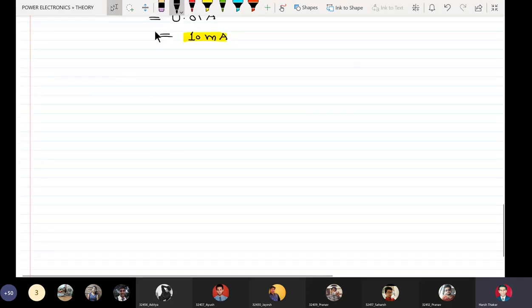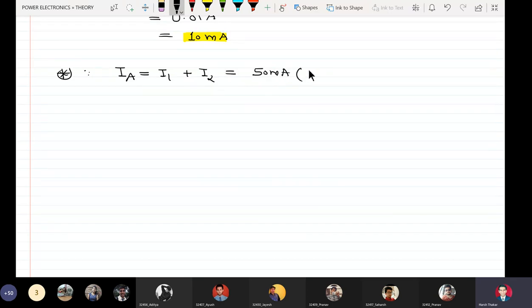So that is why we write down here, since IA is equal to I1 plus I2, it should be equal to 50 milliamperes for latching.